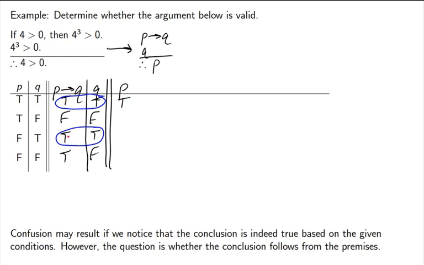In this row, P is false. Therefore, the argument is invalid. And we'll keep the reason out since we wrote it on the last slide. Now let me point out what's strange about this. This conclusion was a true statement. 4 is greater than 0. However, 4 being greater than 0 did not follow from this statement being true.